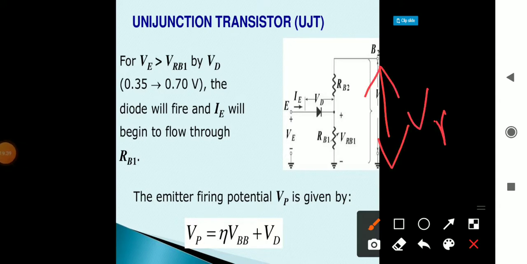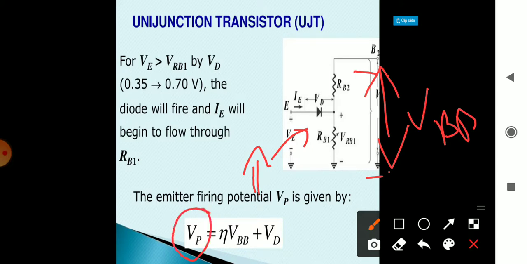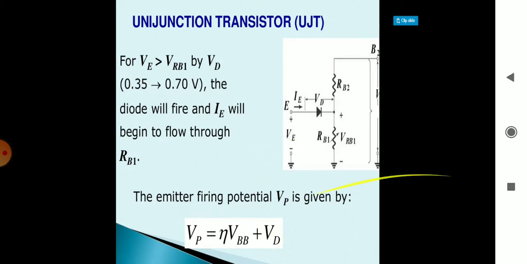In the beginning, I told you that VBB is constant. So if I turn on this one, the entire supply voltage VBB will be available at the base terminals B1 and B2. But VE is a variable. If I keep on increasing VE, I need to reach VP, then only it will turn on. That is the first condition.